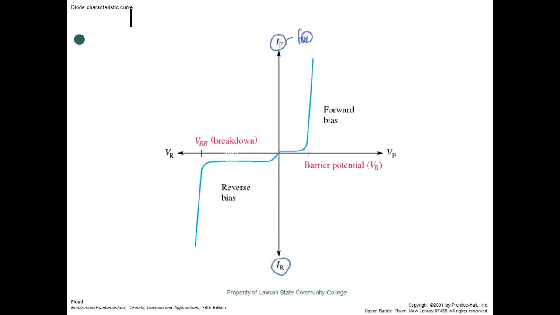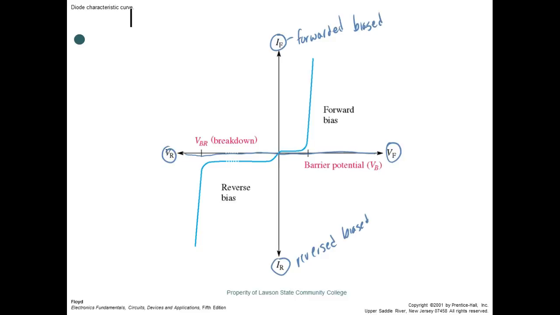IR would mean when it's reverse bias. And of course, this is voltage applied to the device. And so VF would be the voltage we apply to it to forward bias it, right? And VR would be the voltage we apply to it on reverse bias.